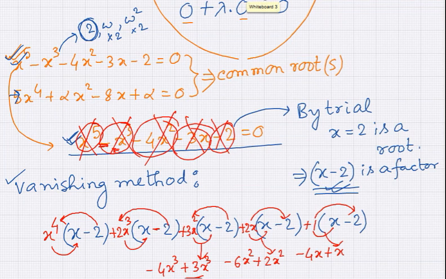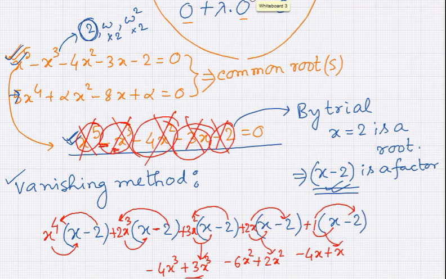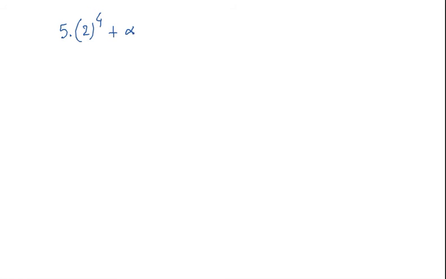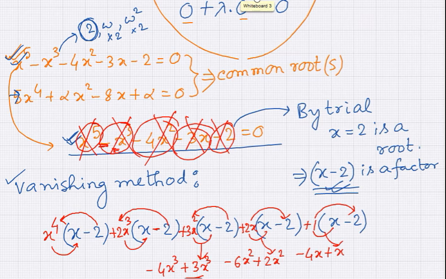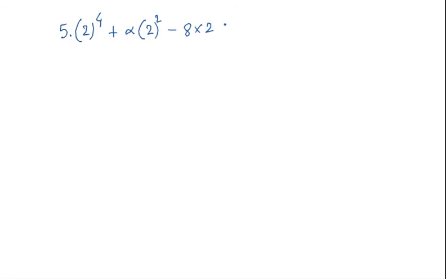For the other equation, we substitute the value of 2 in place of x. So it is going to be 5 into 2 to the power 4 plus alpha into 2 square minus 8 into 2 plus alpha equal to 0.